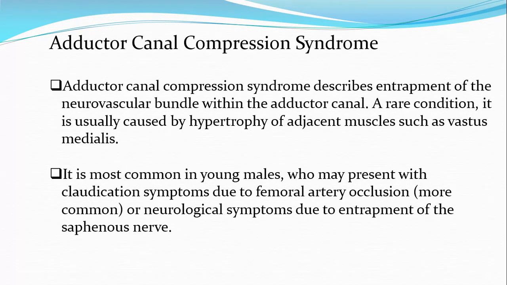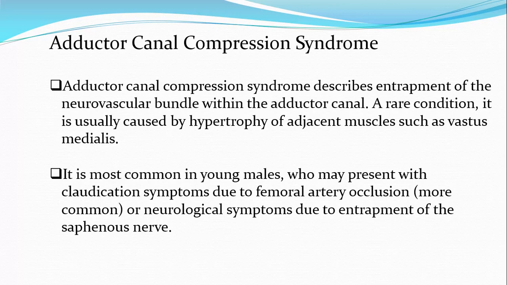So it is usually due to blockage of the femoral artery, or neurological symptoms due to entrapment of the saphenous nerve. So you will have paresthesia or anesthesia on the medial side of the leg if the saphenous nerve is blocked.